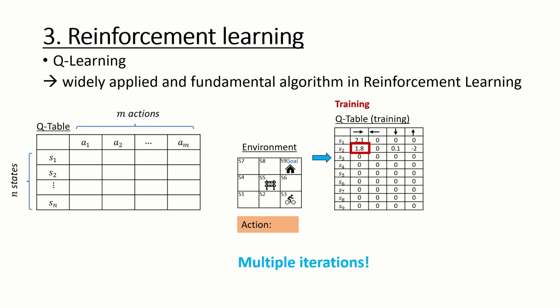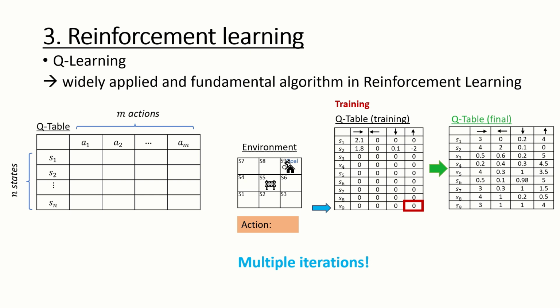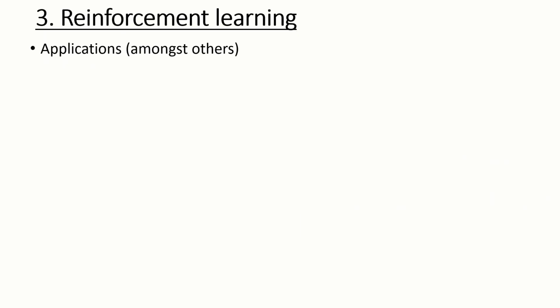Now we're in state 3, and actually we're continuing to do that for many iterations and episodes until we have reached the final Q table. And now this final Q table is used by the trained agent to interact with the environment.